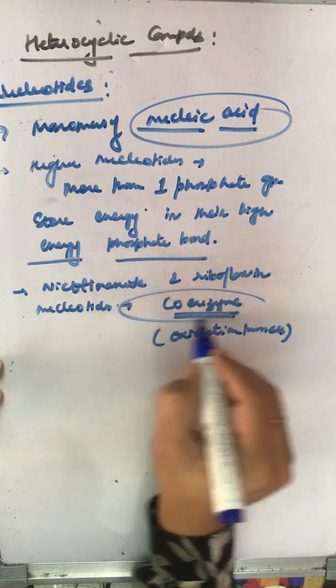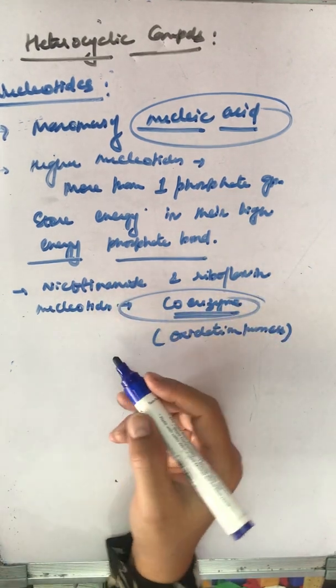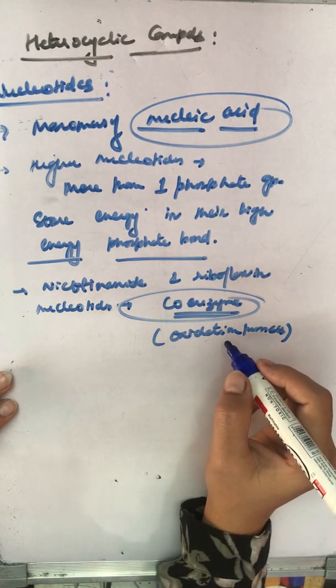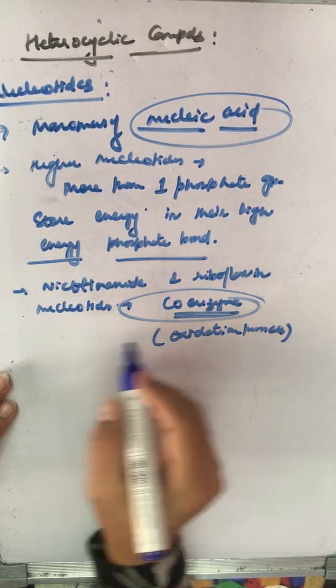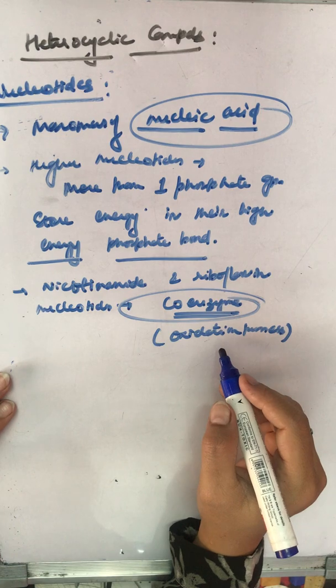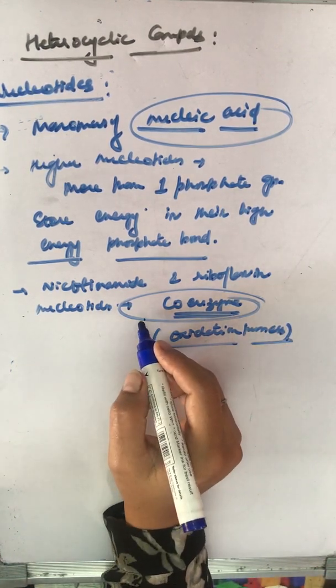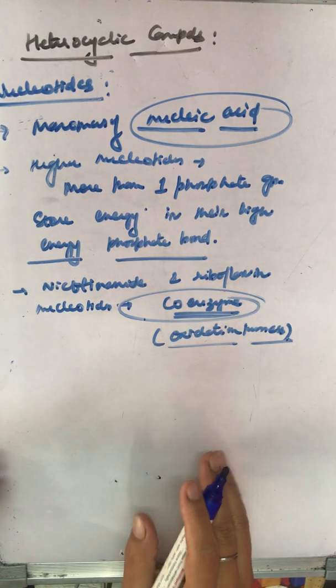We will do their function as coenzymes in further chapters. These basically function as coenzymes for dehydrogenases during the oxidizing process, that means the oxidizing enzymes.